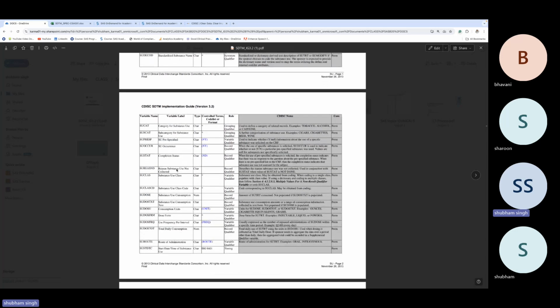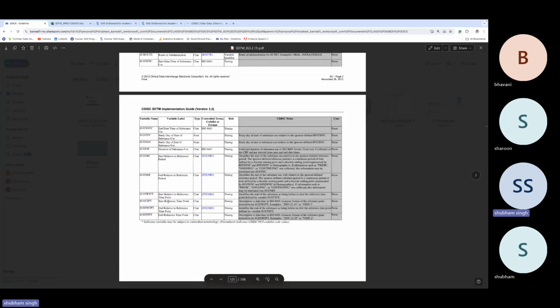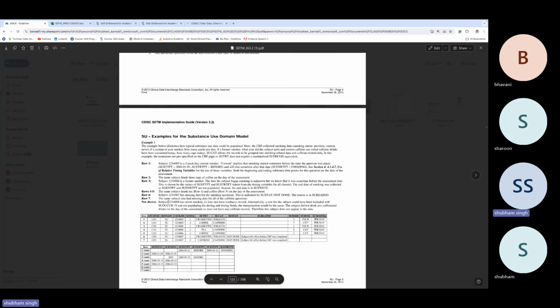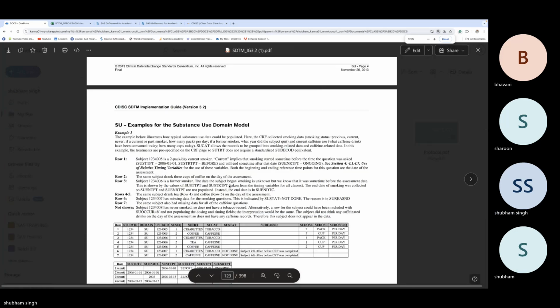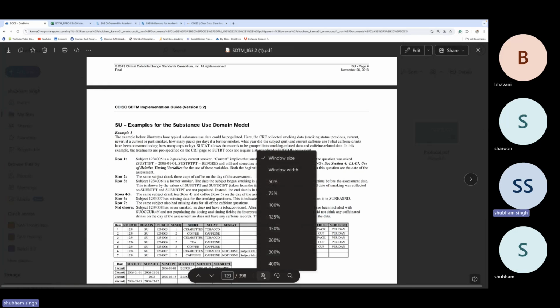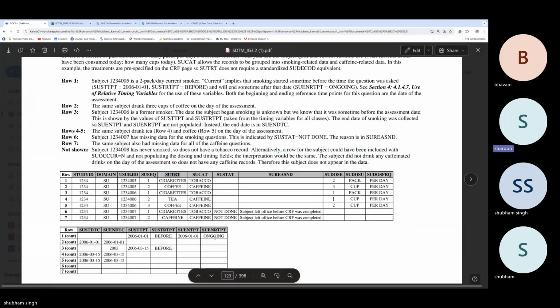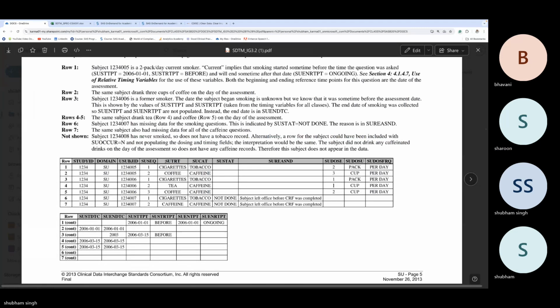Now I'll show you these are the variables, but how it will look after creation. Here it is. See, substance SUTRT. Now this is interesting. My screen is visible to everyone, right? Yes, sir. So what does substance use data contain? The substance used by the patient, either in the past or in the present.